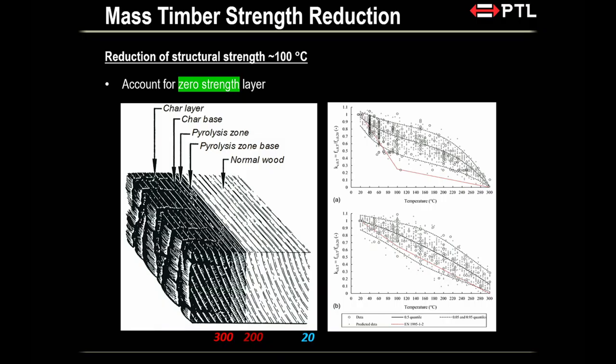Somewhere in the middle of your timber, you're sitting at ambient, 20 degrees Celsius. Right where your thermal front penetrates into the timber, where the timber decomposes, that's probably 200. Go back a little bit to your char layer, that is where it gets hit by 300 degrees Celsius.